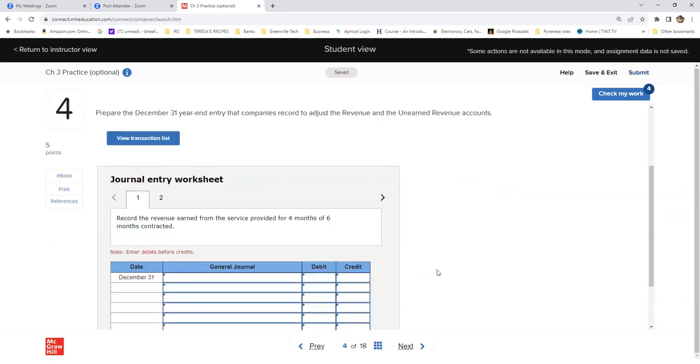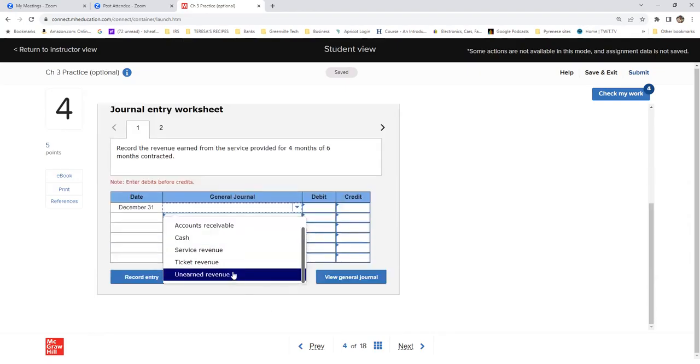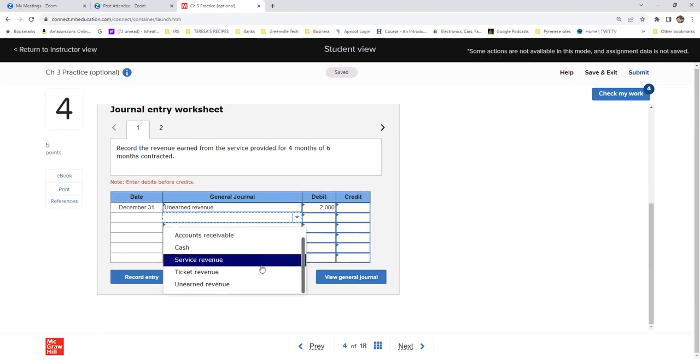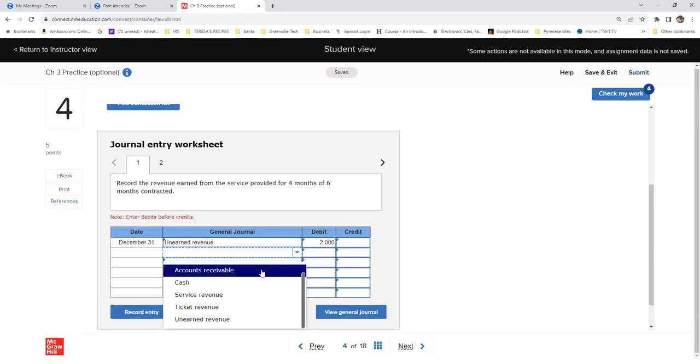So again, debit unearned revenue, $2,000. And we're going to credit revenue. Well, wait a minute, let's go back. Something's wrong here.